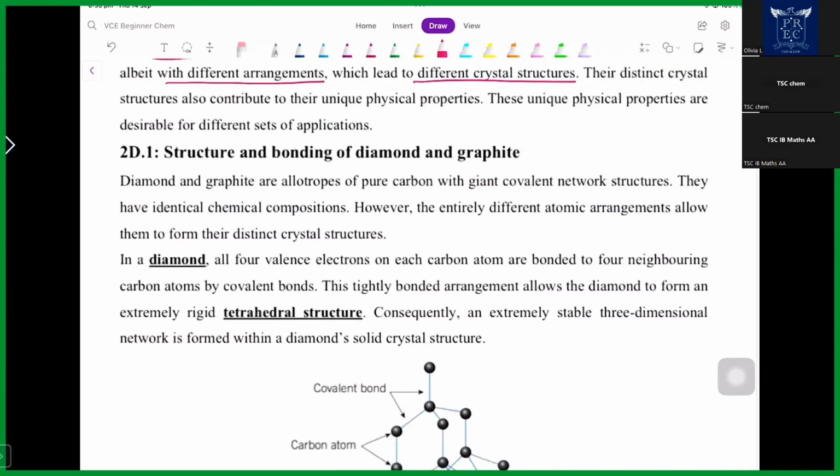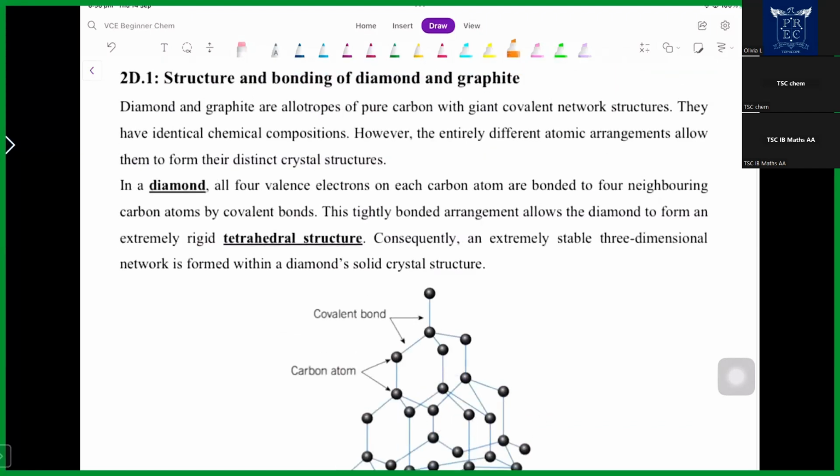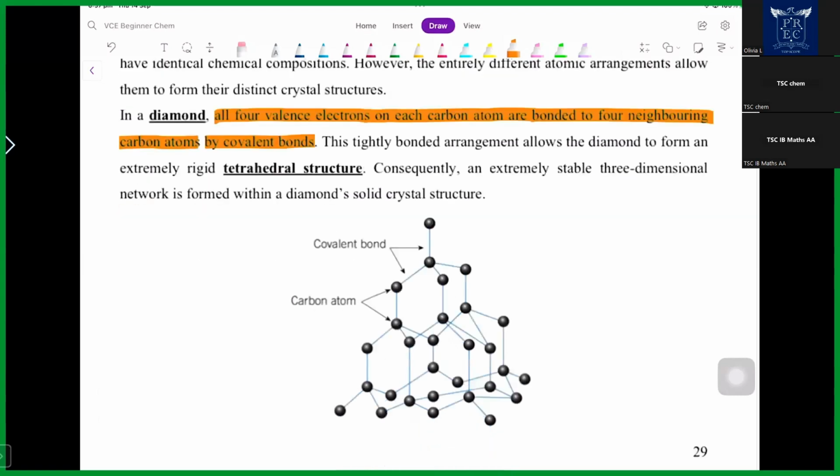In diamond, this one is important. All 4 valence electrons on each carbon atom are bonded to 4 neighboring carbon atoms by covalent bonds. So how does it form? One carbon is bonded with 4 carbon atoms in 3 dimensions, and again it will form another 3 like this, extending on and on. This structure is called a tetrahedral structure.